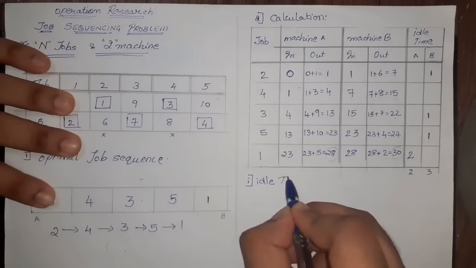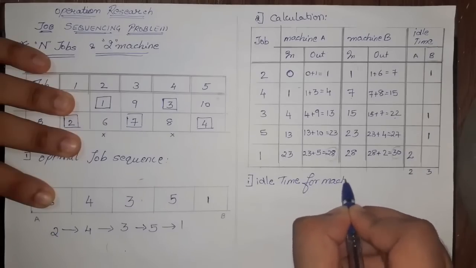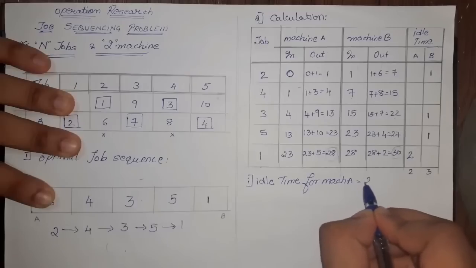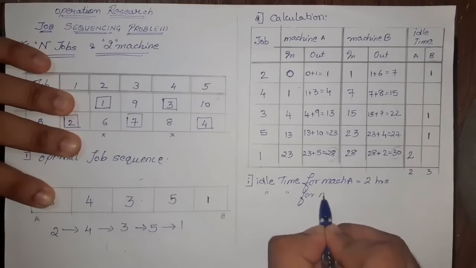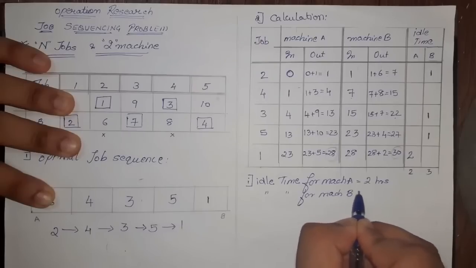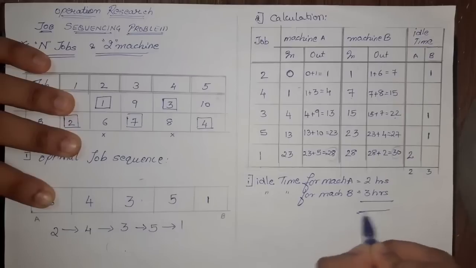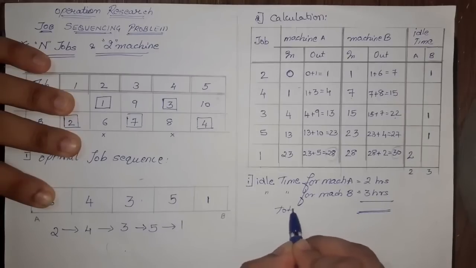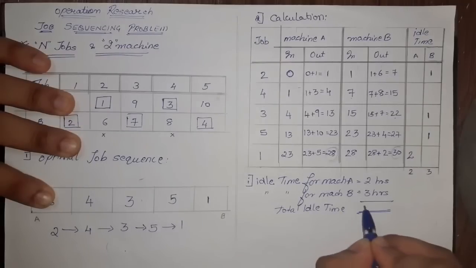So the idle time for machine A is equal to 2 hours. Idle time for machine B is equal to 3 hours. So the total idle time that the machines were idle is 5 hours.